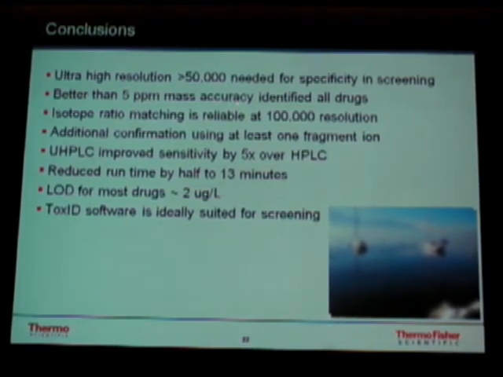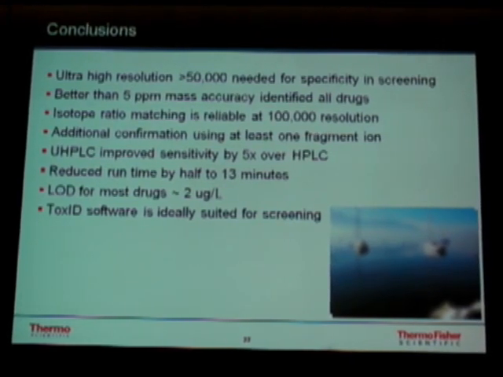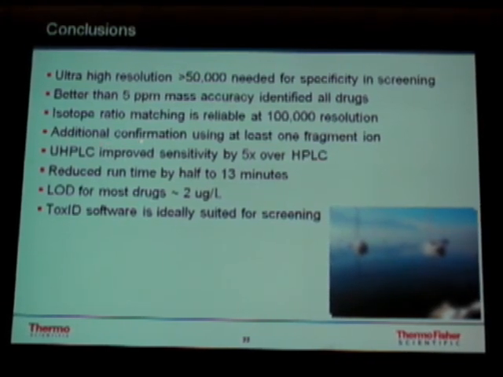You need better than 5 ppm mass accuracy. If you believe in isotope ratio matching to have additional confirmation for the drugs, then you definitely need to run an instrument at 100,000 resolution. You need additional MSMS if you want additional confirmation, and you do get that using Exactive.